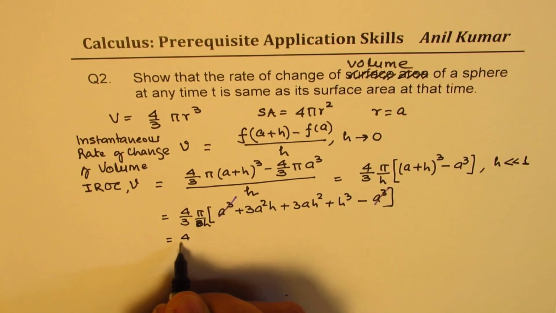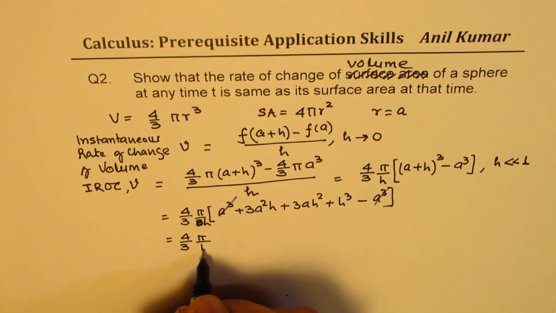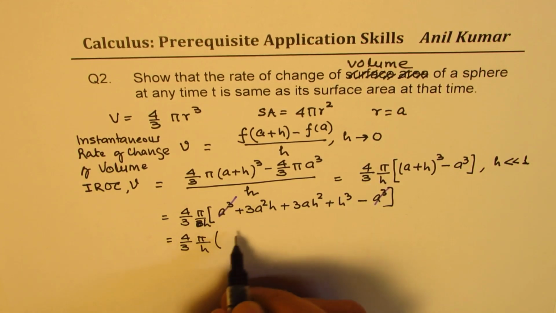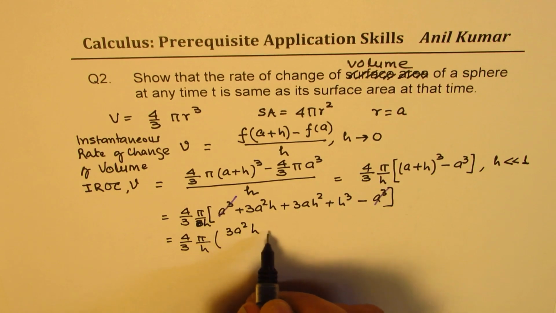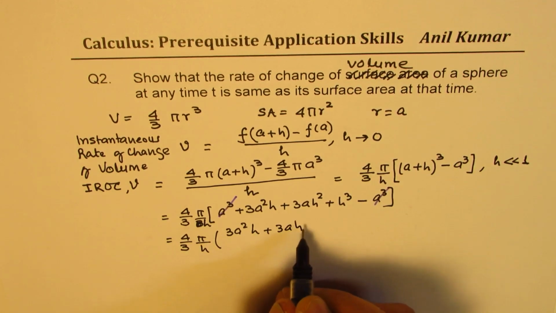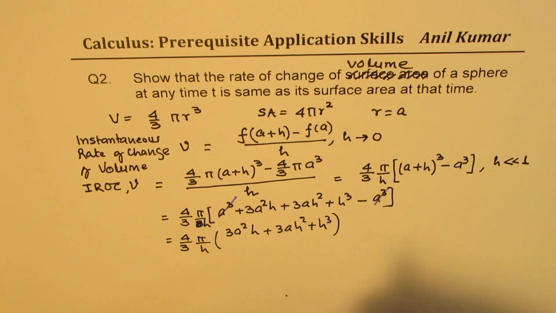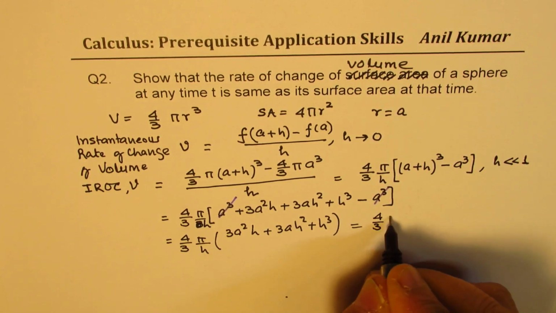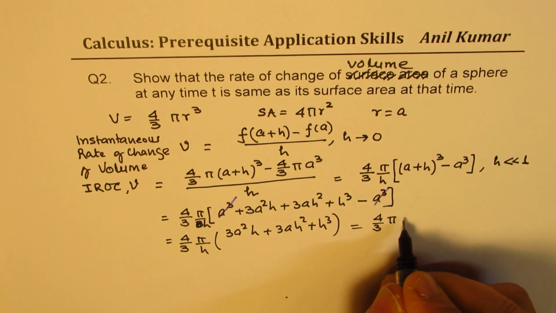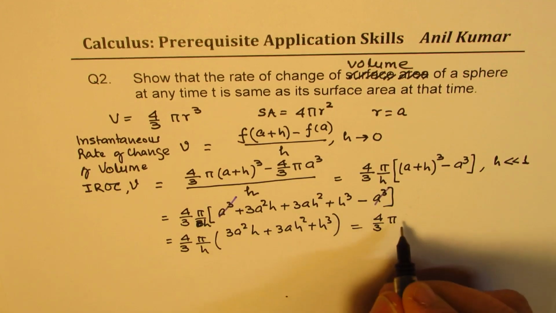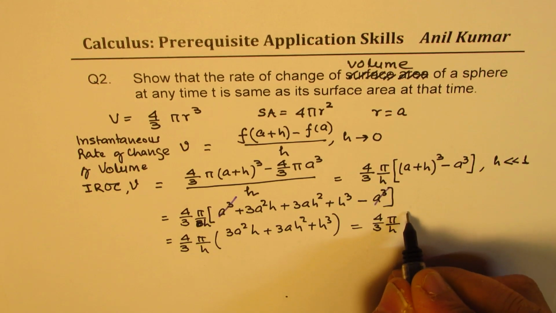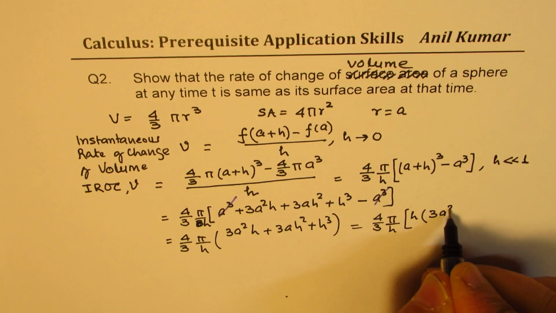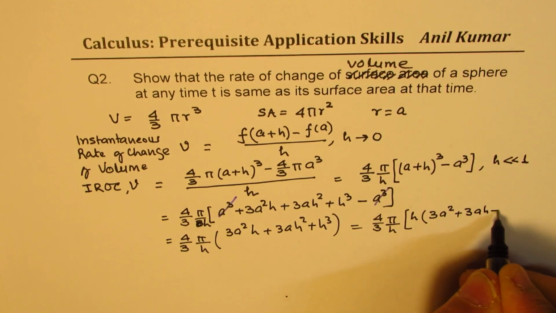So we get 4 by 3 pi over h, and we have 3a square h plus 3ah square plus h cube, correct? Now we can take h common, so in this we get 3a square plus 3ah plus h square.